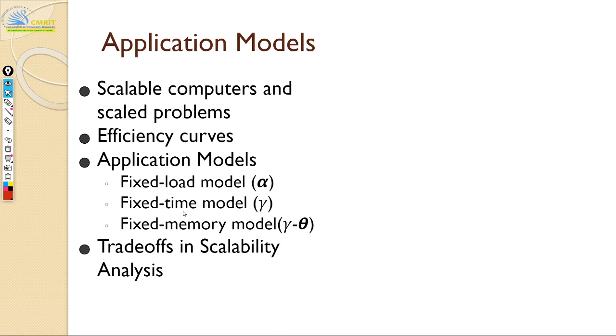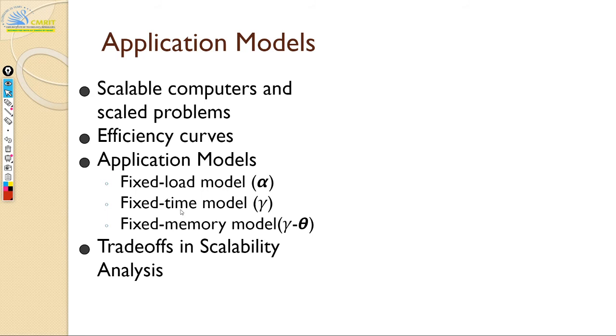For example, if you're trying to do some kind of image processing application, today 10 megapixel could be a good resolution that you'll be okay with, but that may not be the case tomorrow, right? So when I increase my processor size, I also have to increase my problem size, to support say 100 megapixels.